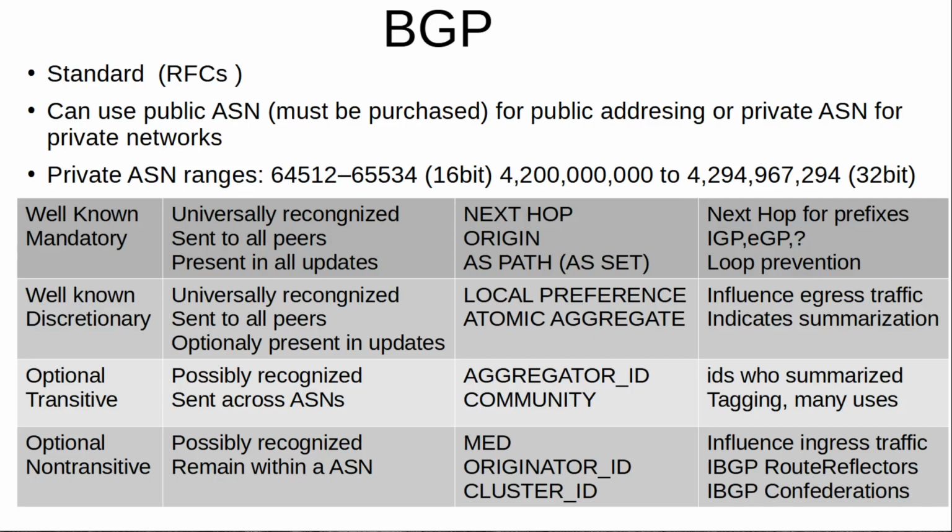If you want to run BGP only within your company for private usage, you can use a private autonomous system number. So you can use this range of private autonomous system numbers if you want to use BGP internally.